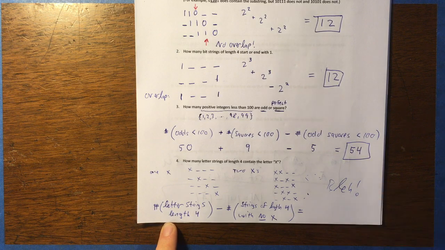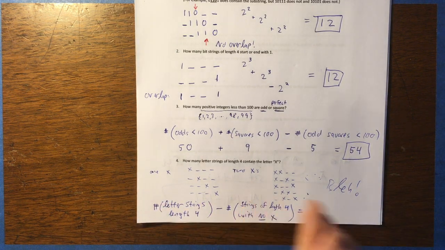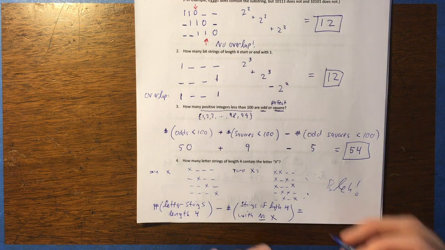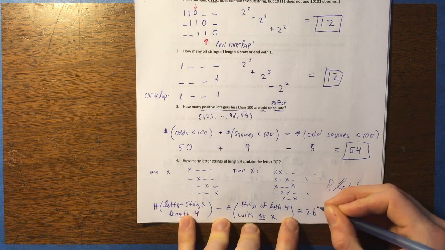If I'm just counting all strings, it's 26 times 26 times 26 times 26. 26 options for each blank with 4 blanks, so that's 26 to the power 4.